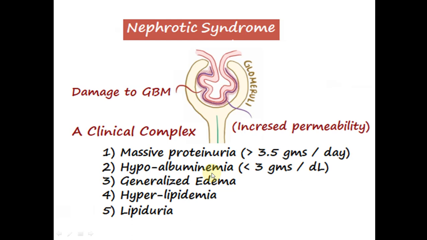But at the venular end of the capillary, the colloidal osmotic pressure, which is mainly due to the presence of albumin, pulls back that fluid. And normally a small amount of fluid may be retained in the extravascular tissue, which is drained by the lymphatics. And as a result, we do not get edema.